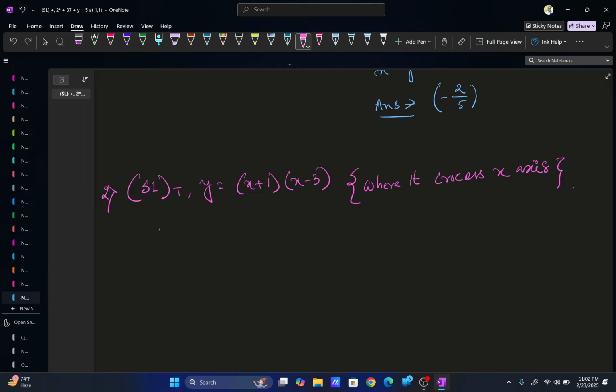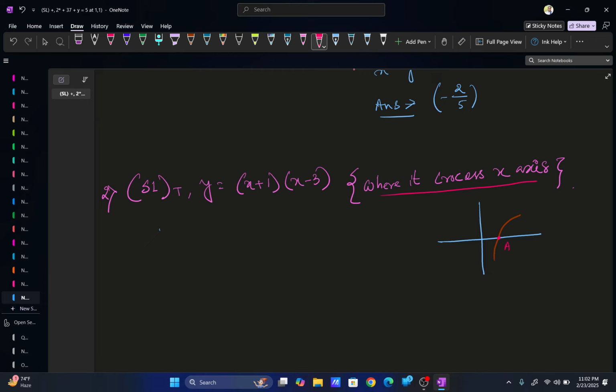Assume there is a curve. When the statement says where it crosses the x-axis, at a point A this curve crosses the x-axis.